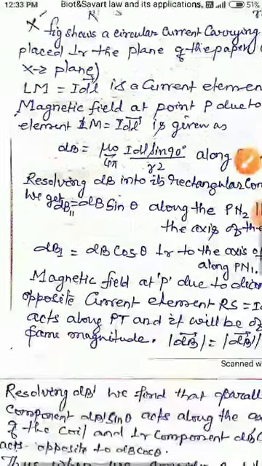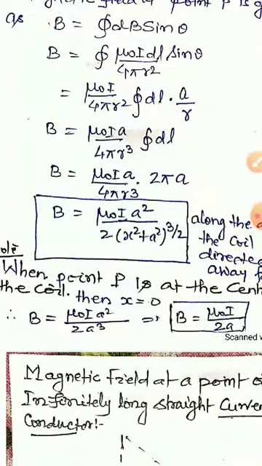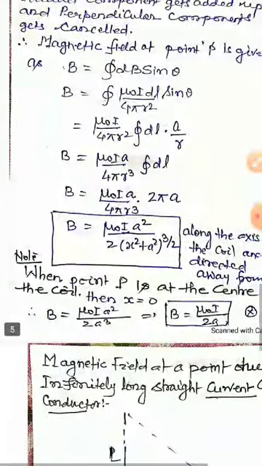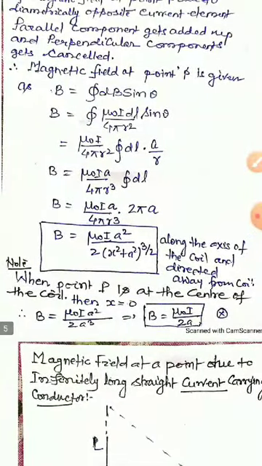Now put this value in the expression, you will get B is equal to mu naught I by 2a, which is the same as what we have just derived in the earlier application.